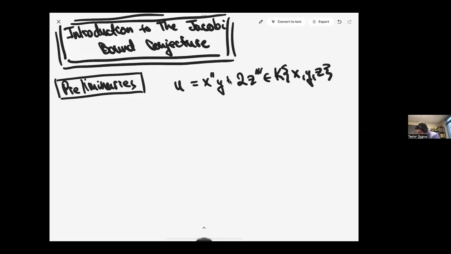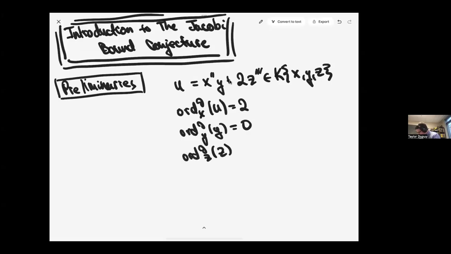So the notation that I'm going to use for orders: the order of u with respect to x is 2, the order of u with respect to y is 0, and the order of u with respect to z is 3. This is some notation that I'll use for orders.